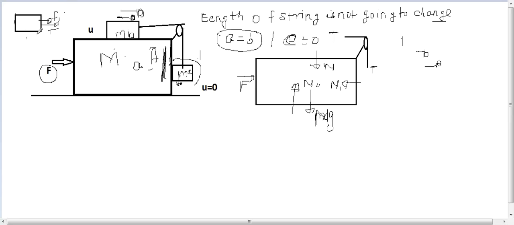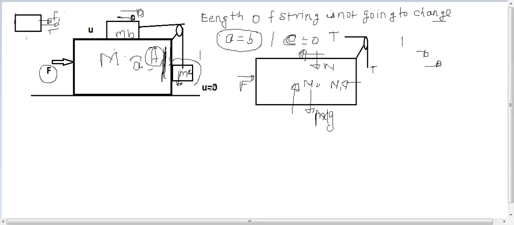This F1 must be along this direction. So what is the friction force on this bigger block A? The direction will be in this, because F is very high. Okay, guys.